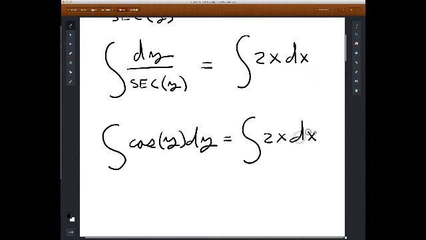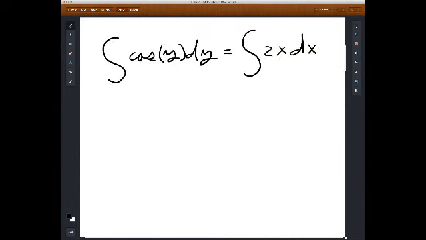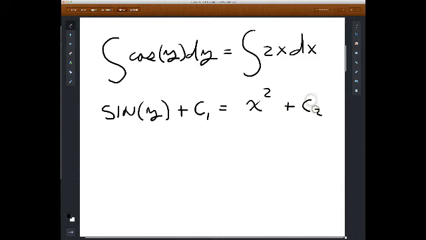Okay, now we can easily integrate these things. The antiderivative of the cosine of y is the sine of y plus some constant. I'll put it in C1. That would have to be equal to, well, this is just x squared plus some other constant, C2.